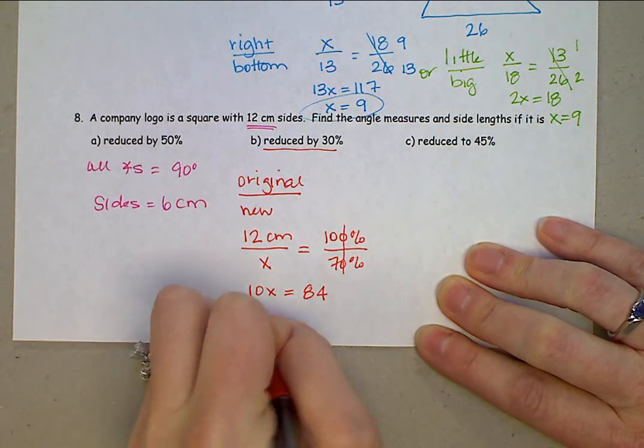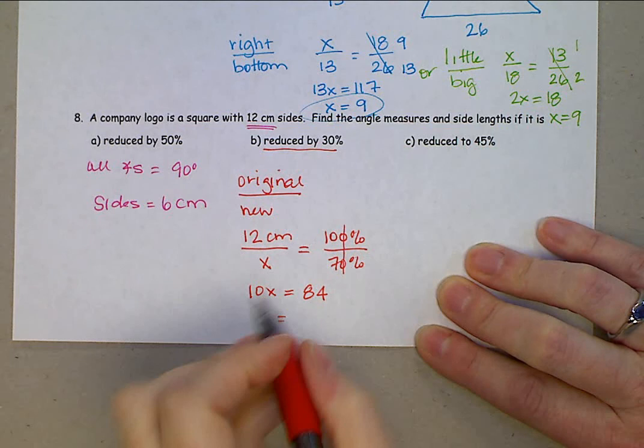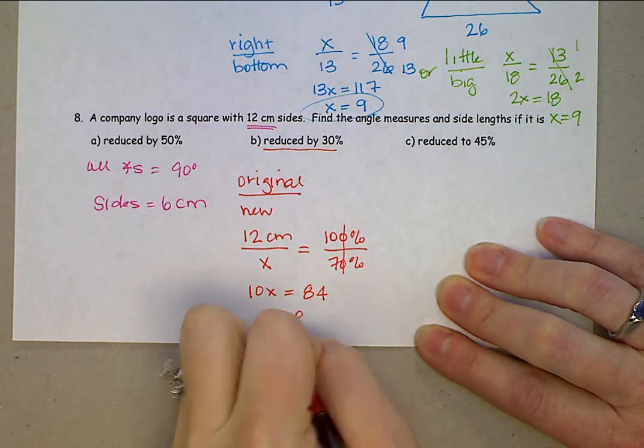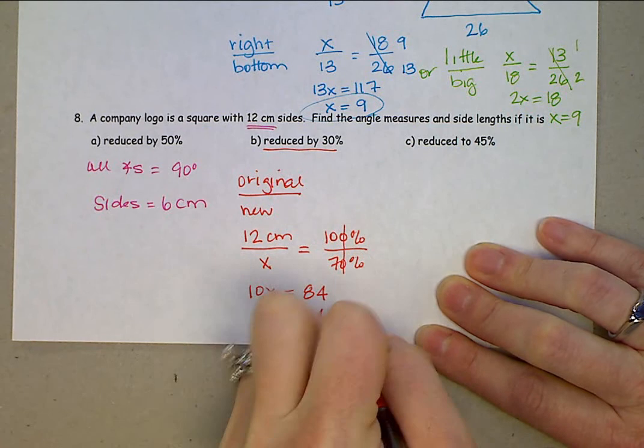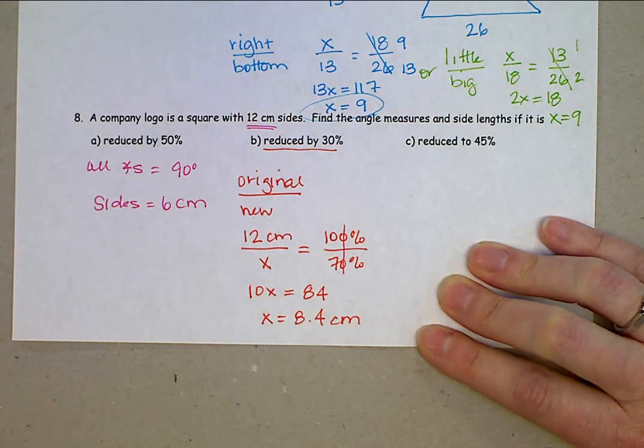When you're dividing by 10, you're just going to move the decimal place 1 to the left. So 84 divided by 10 is 8.4, and it's centimeters. So when we say that the company logo is reduced by 30%, it means that it's going to be 70% of the size, which makes the new side length 8.4 centimeters.